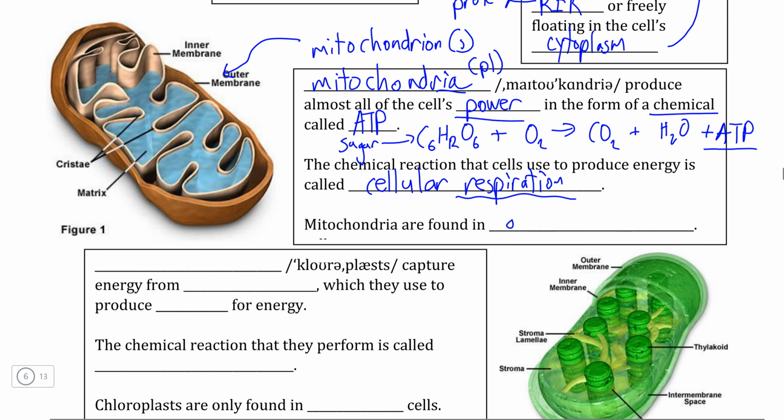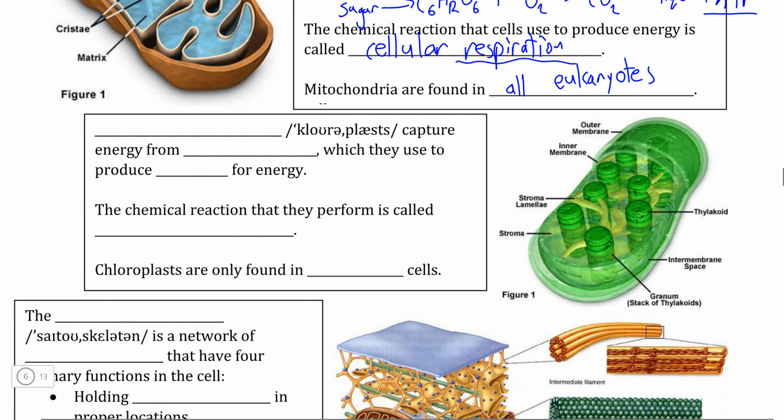Now, because of how critical mitochondria are in order to provide the amount of chemical power that is needed, mitochondria are actually found in all eukaryotic cells, which also includes plants, and we'll talk about why that is when we look at the companion organelle that is only found in plants, which are what we call the chloroplasts. And chloroplasts are a specialized organelle whose job it is to capture energy from sunlight.